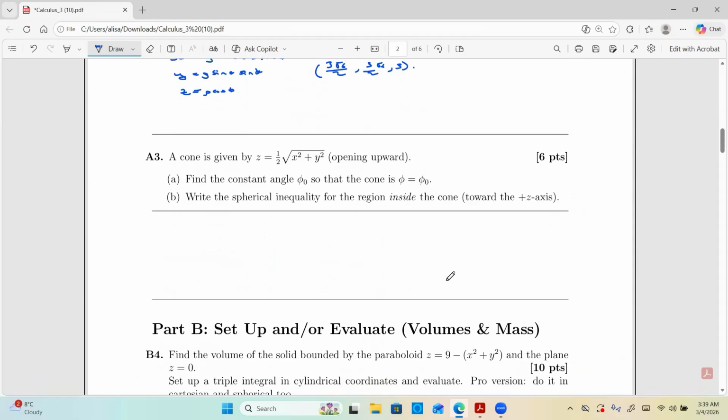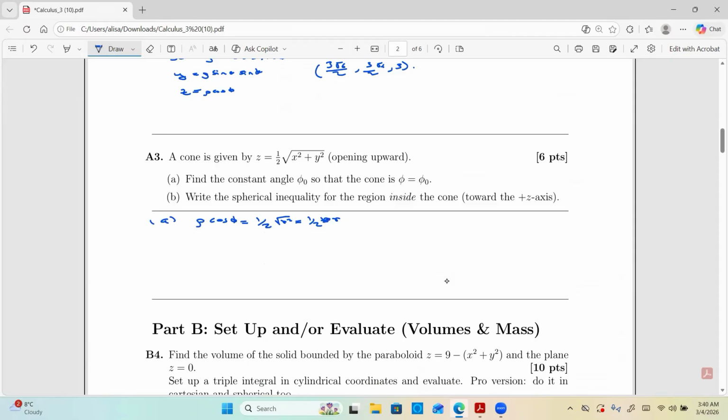So in part A, if you replace everything by the corresponding spherical coordinates, z is rho cosine phi, and then there's a square root of r squared here, which is just r.